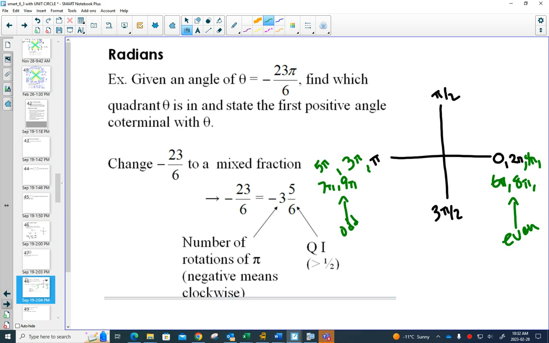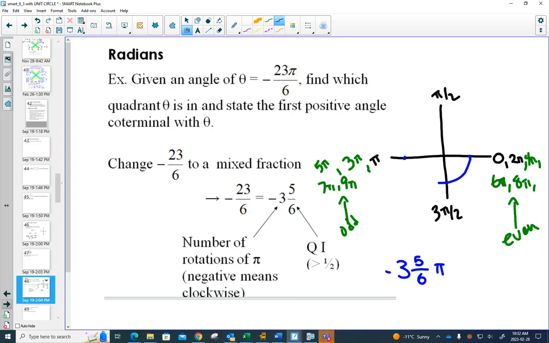So we are going to think in radians in fractions of pi. And we're going to do it this way. I have negative 3 and 5/6 pi. What quadrant is this in? Well, it's an angle in standard position. Standard position is going to start here. It's negative, so I'm going around in this direction.